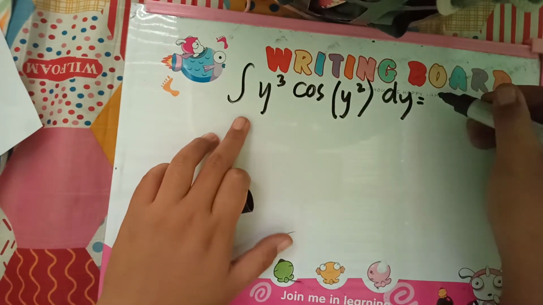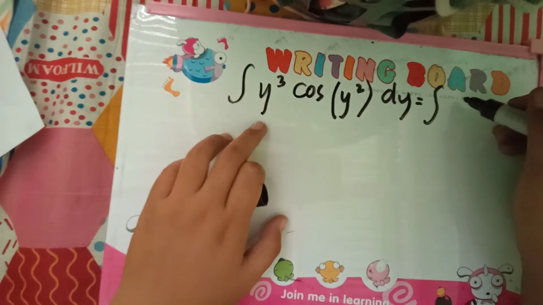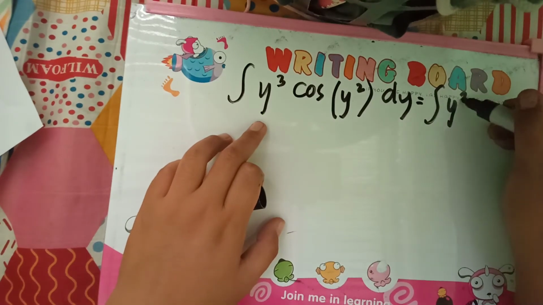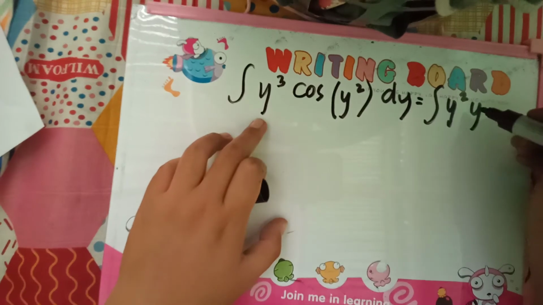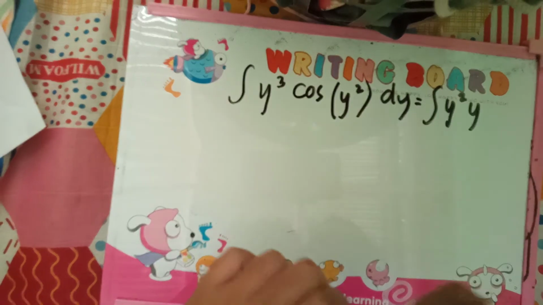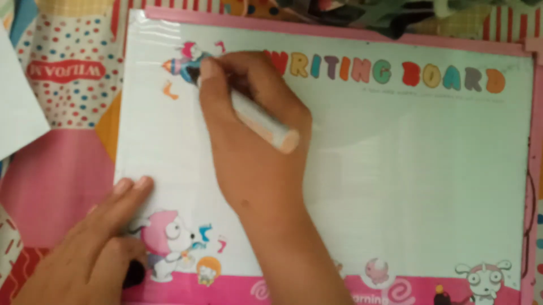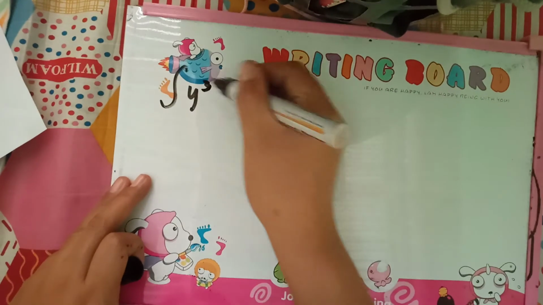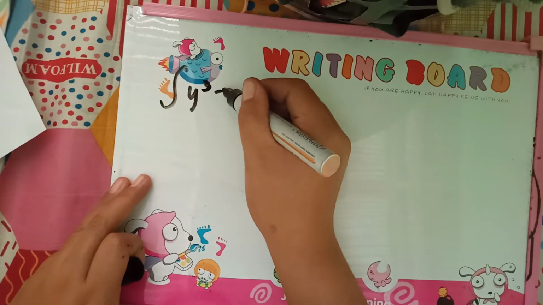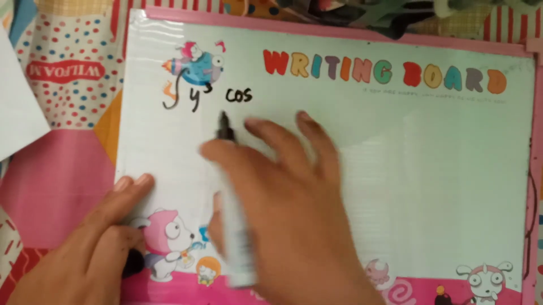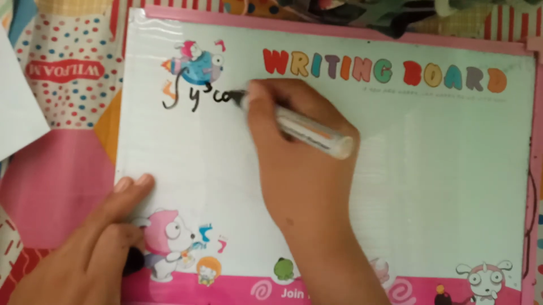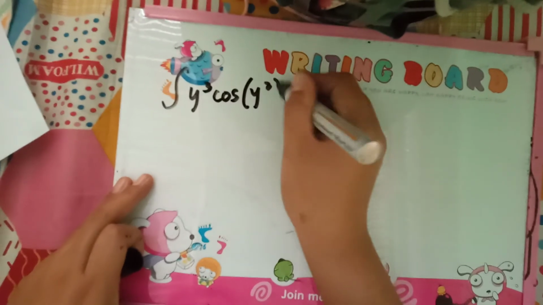We'll have the integral of ito, pwede tayong magkaroon ng y squared and y. Tama? Y squared times y is equal to y cubed. So, the integral of y cubed cosine y squared dy.